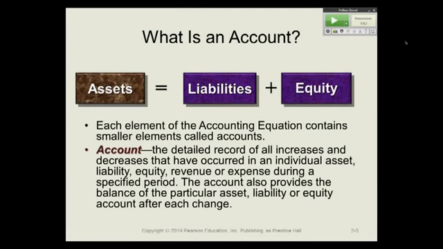An account is really nothing more than a record that will maintain changes, increases, decreases, and balances in a particular asset, liability, or equity. So an account is nothing more than a recording device that we're going to use to capture changes, increases, decreases in the account, and the balance.